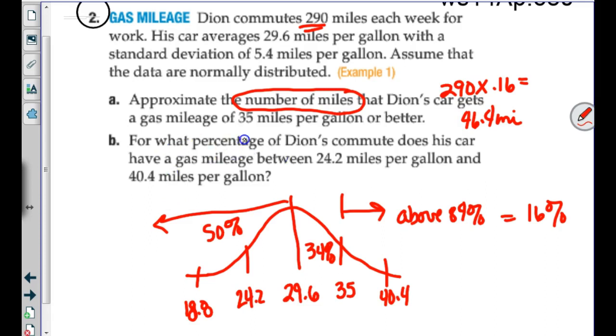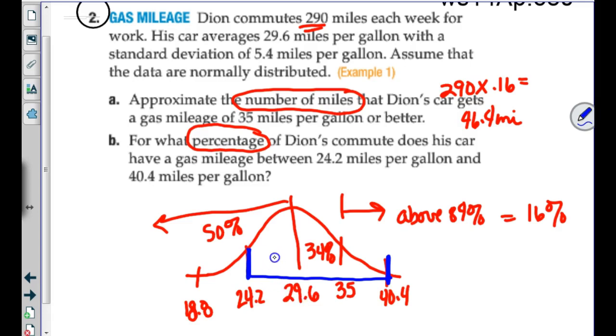For what percentage, so this time we just get to use a percentage, does his car have a mileage between 24.2, which is here, and 40.4, which is here? So go back to your empirical rule on 12A, I think.